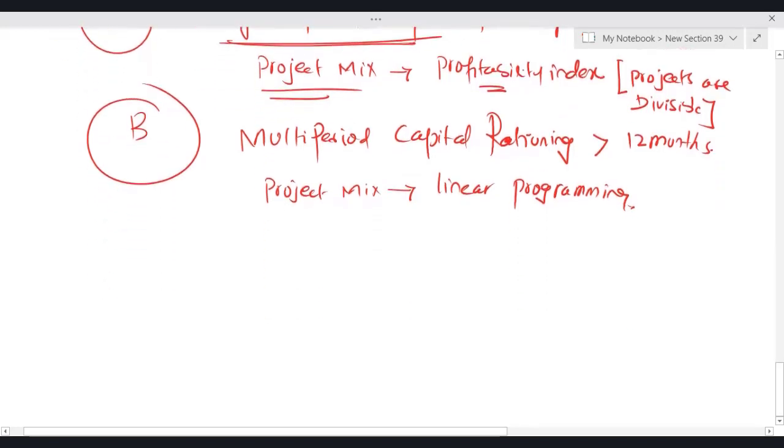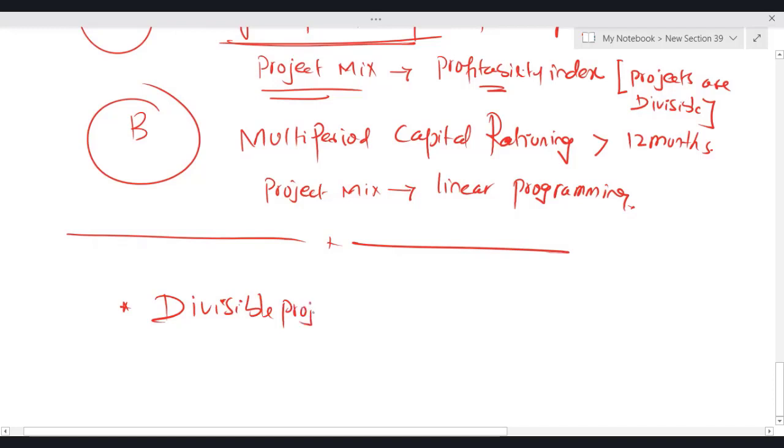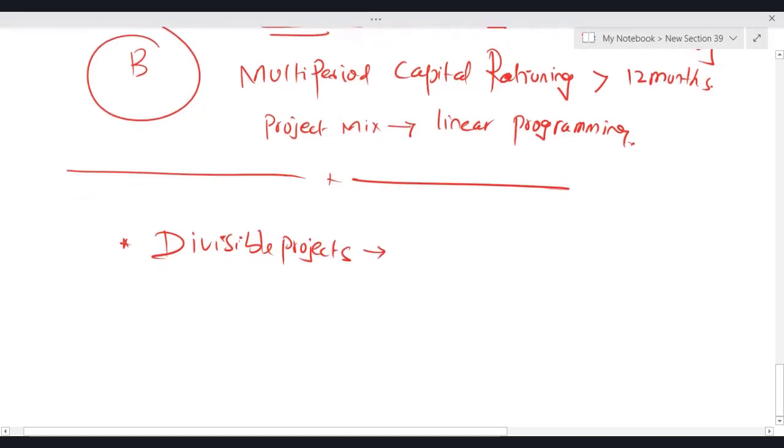Okay, now let us discuss a few other terminologies which are used in this topic. Number one is divisible project. Divisible project means projects which can be accepted partially.